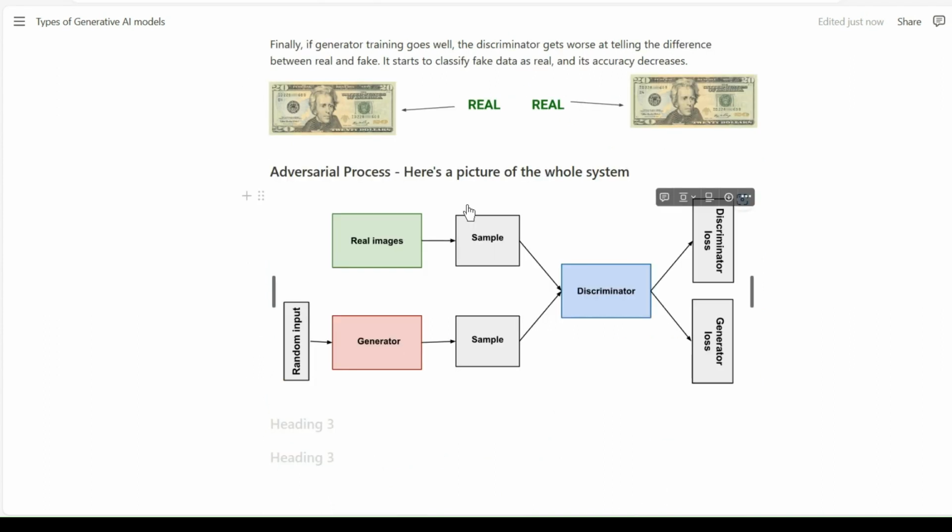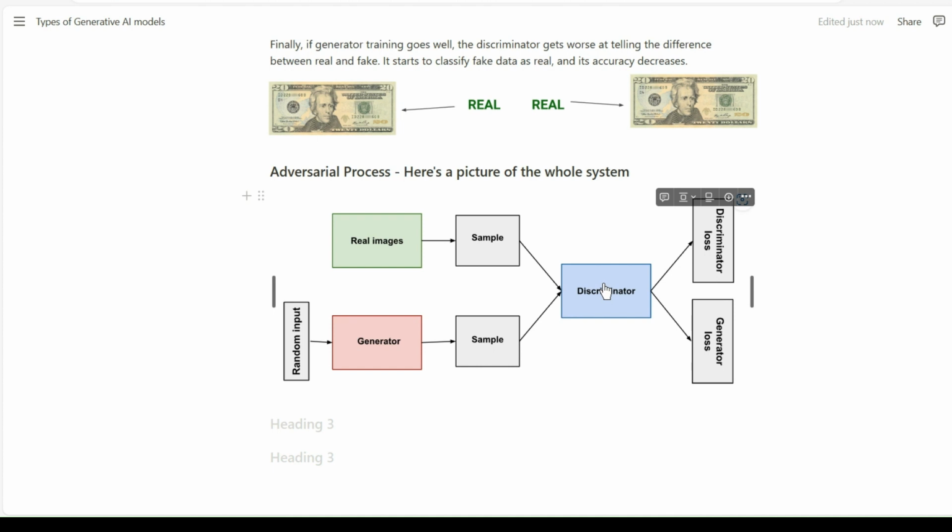This process between a generator and discriminator is called the adversarial process. Here is the picture of the whole system. You can see the generator generates new data hoping to be correct, and the discriminator tries to differentiate between real and fake ones. These two networks undergo an adversarial process, that's why the name adversarial. The generator generates data closer to the real one, and the discriminator learns to differentiate whether it is real or fake.